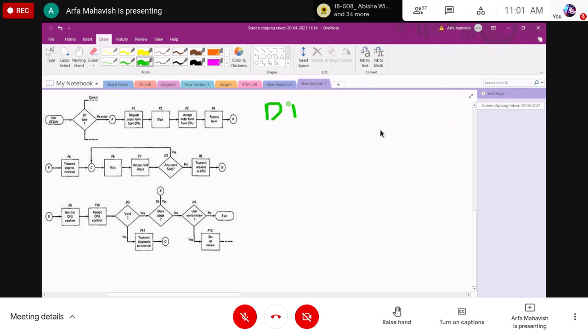Okay, control terminal, and then main CPU. Okay, so in this diagram, all the demo terminals connect to the control terminal.